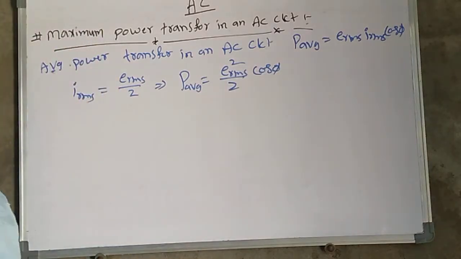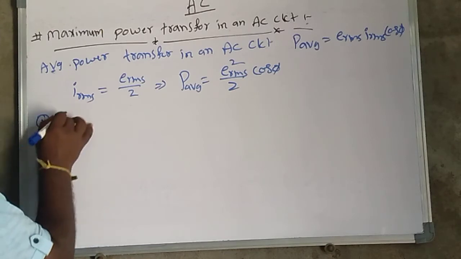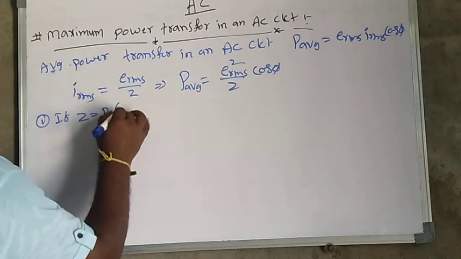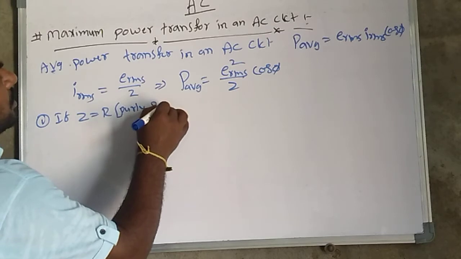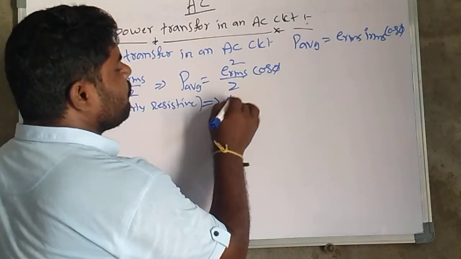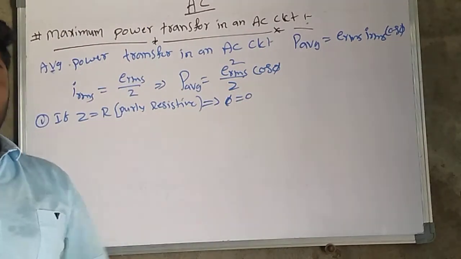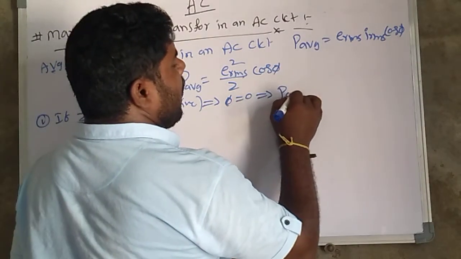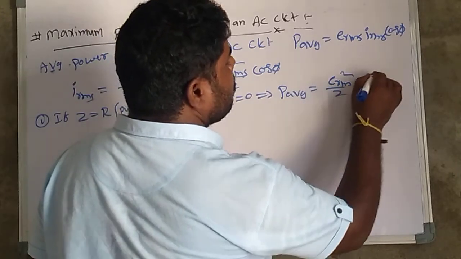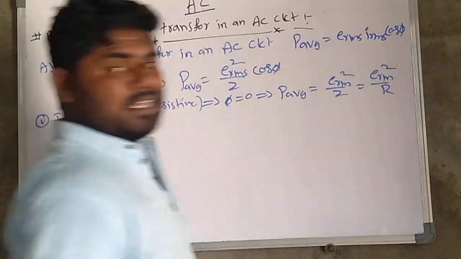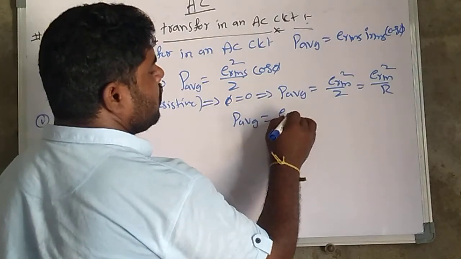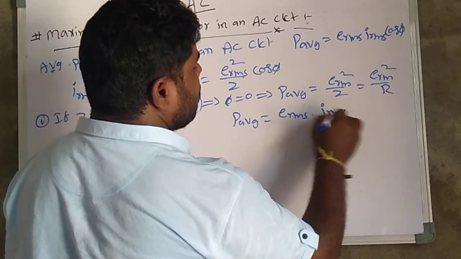Here there are two possibilities. The first: if impedance is equal to R, meaning the circuit is purely resistive, the phase difference must be equal to 0, as already discussed. Then P average equals ERMS squared divided by Z, which is ERMS squared divided by R, or another formula, P average equals ERMS into IRMS.